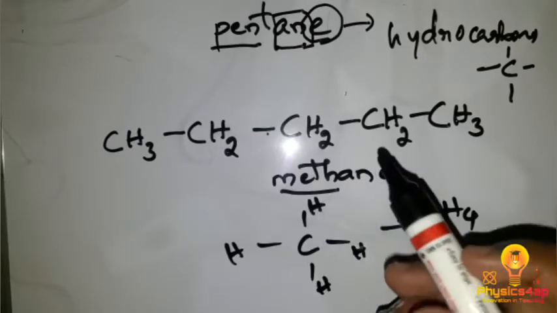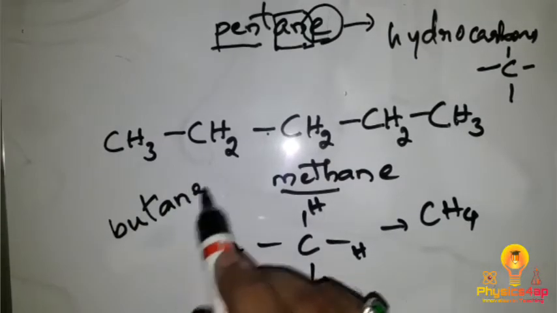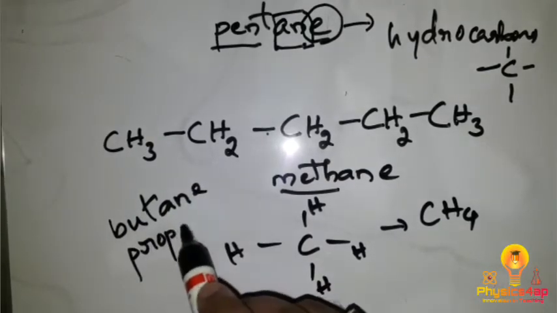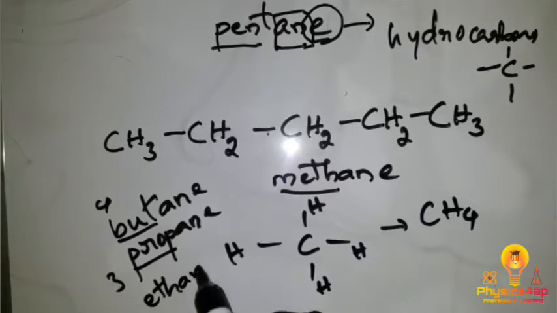Is it clear? The same thing we can draw for butane and propane; the only difference is the number of carbons. But means 4 carbons, prop means 3 carbons, and eth means 2 carbons.